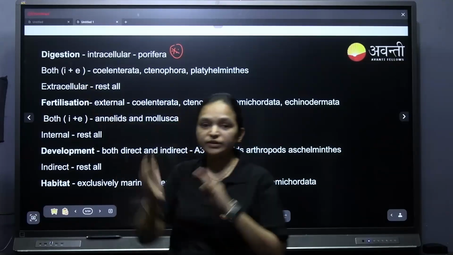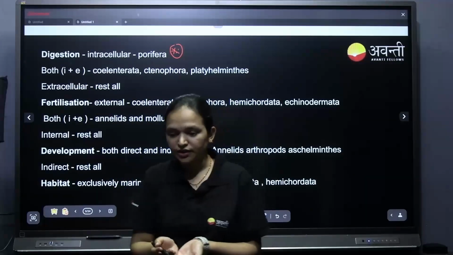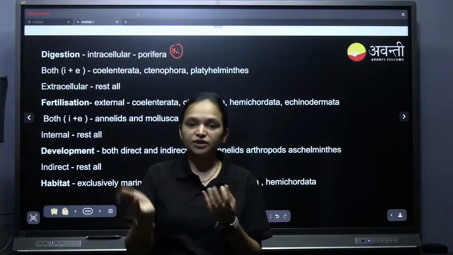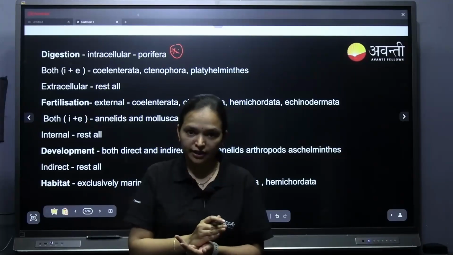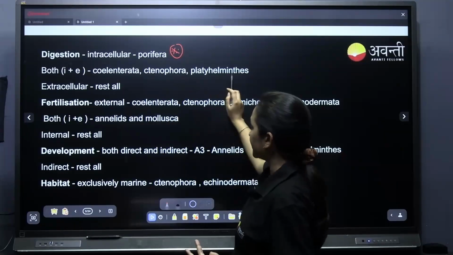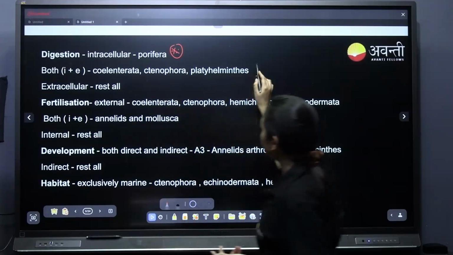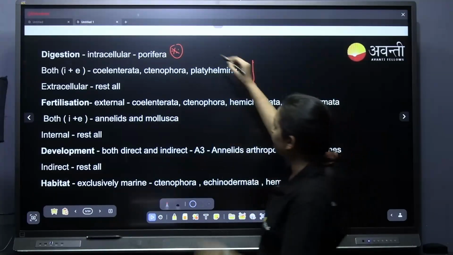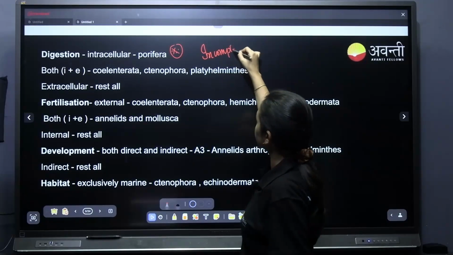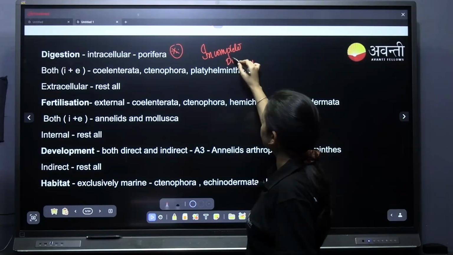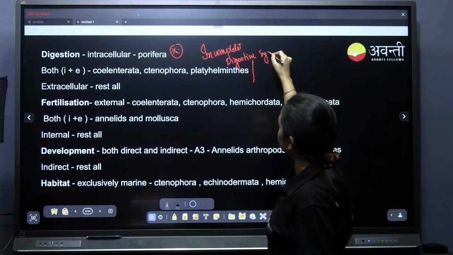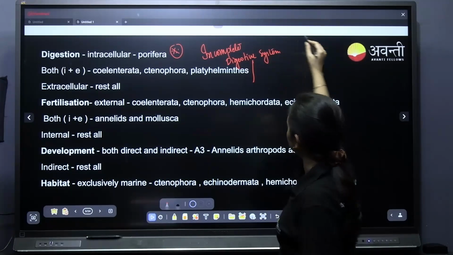Now coming to those that can do both intracellular as well as extracellular digestion: Coelenterata, Ctenophora and Platyhelminthes. Till Platyhelminthes we can see an incomplete digestive system. What is an incomplete digestive system?